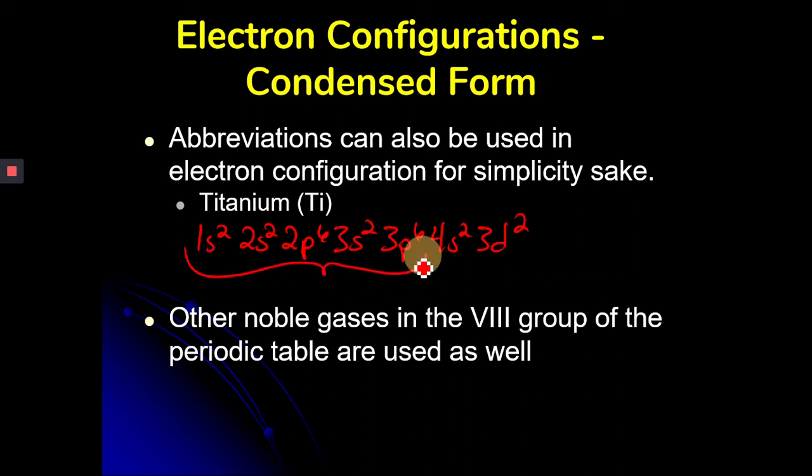All of this is the same thing as argon. So we can shorten this abbreviation and just say argon 4s2, 3d2 instead. That's perfectly fine. In fact, for DP, it doesn't matter what configuration that you use. They tend to use noble gas because we're really only worried about those outer electrons.